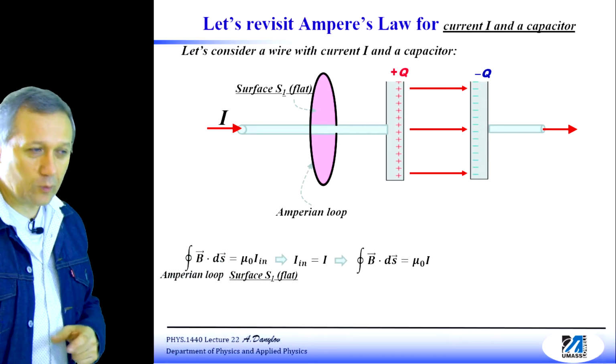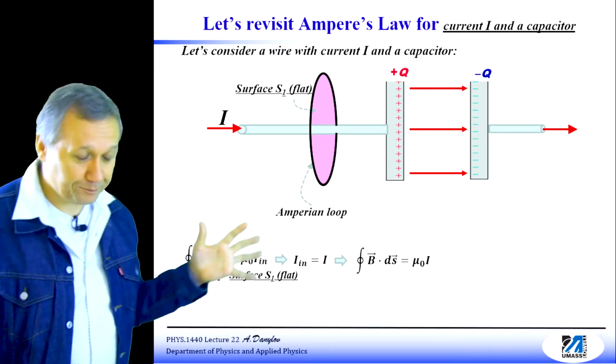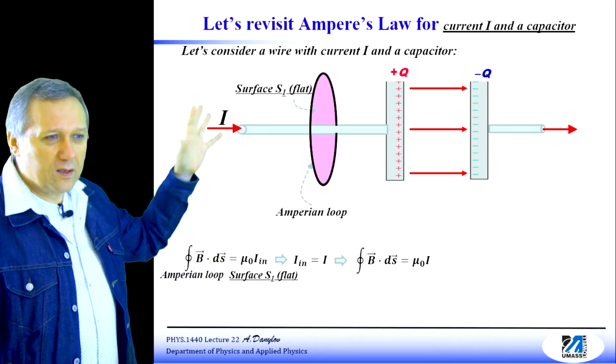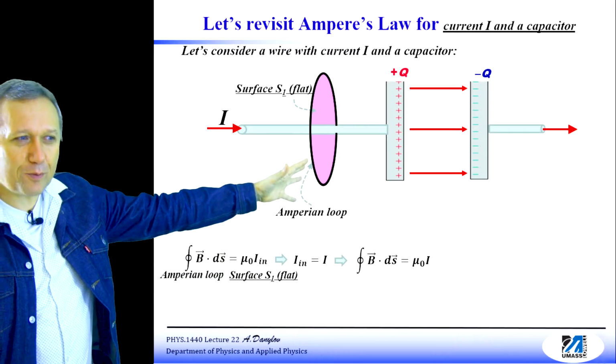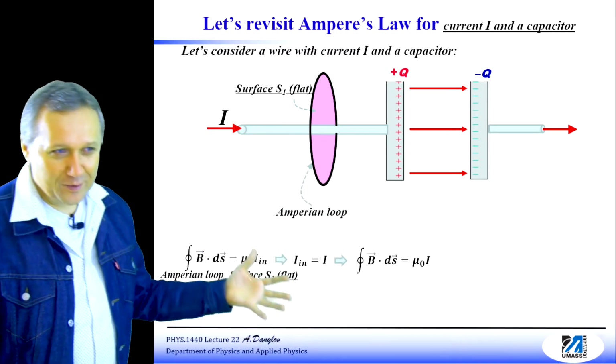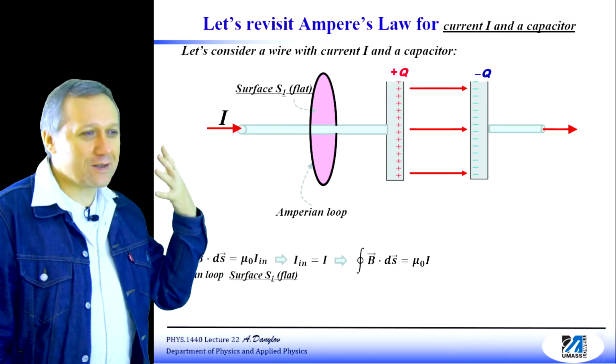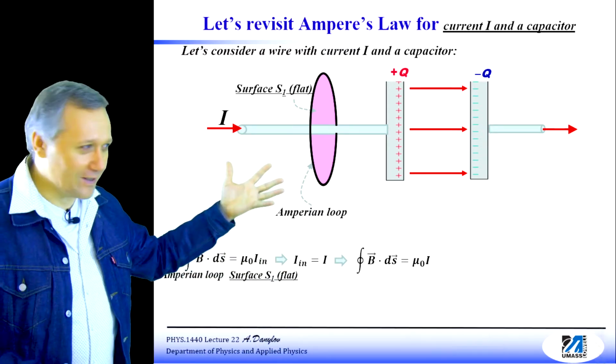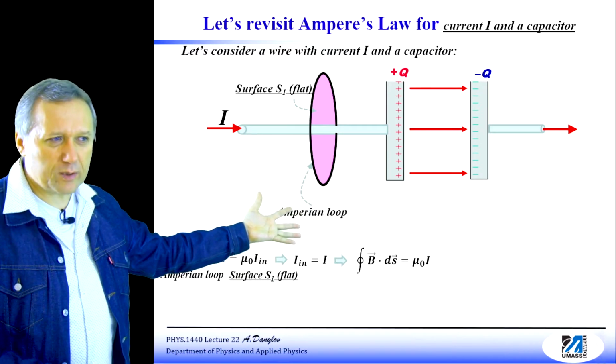Then Faraday said, or not Faraday, Maxwell, sorry, Maxwell. It's too simple. He probably was the guy who liked to overcomplicate things a lot, right? Overthink things. So he said, you know what?